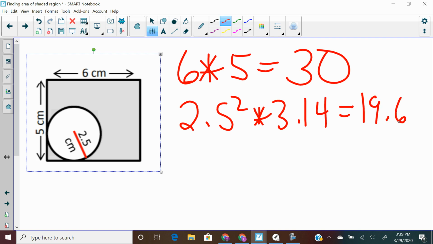So I'm going to do 30 minus 19.6, which is 10.4.